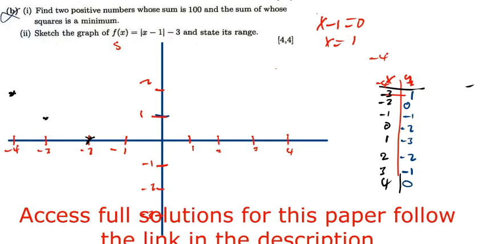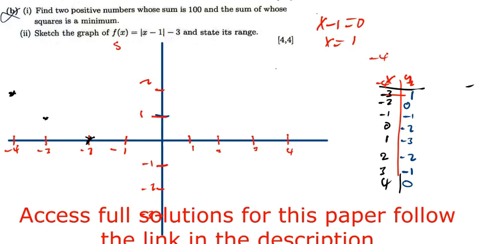Just a minute, in x we have 0, which is this point. This one is negative 1 comma negative 1.